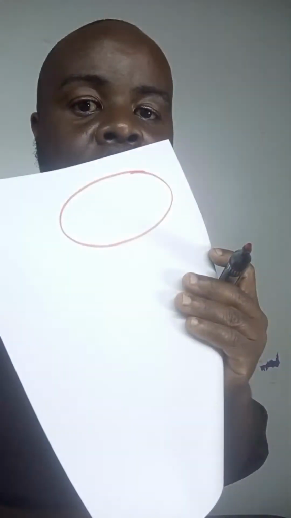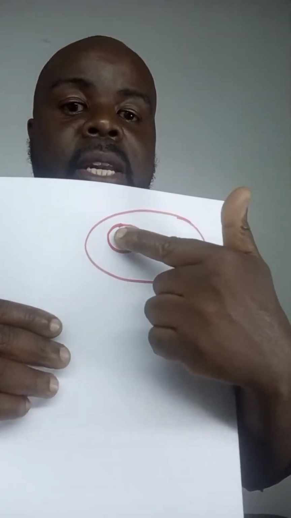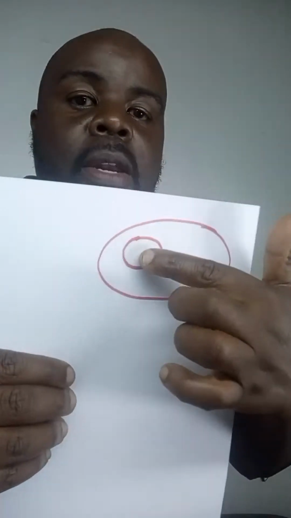The first thing people need to know is that DNA is found in your cells. So this is a cell I'm drawing, and inside your cell there is another place called the nucleus. This is your body cell, and this one is your nucleus. The cell is like your body, and the nucleus is the head of the cell, which contains everything. Inside the cell there is the DNA, and the chromosomes hold the DNA.